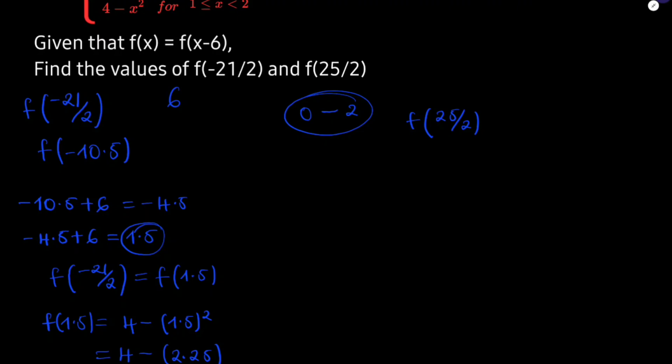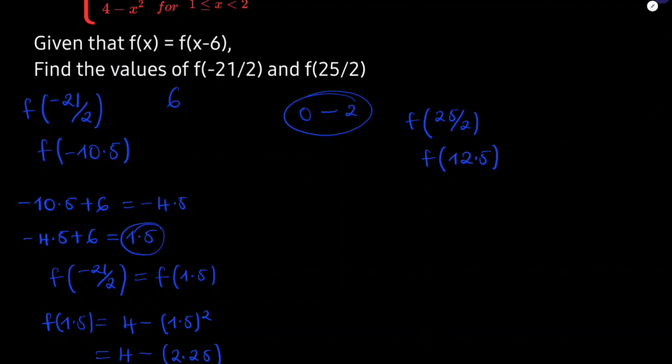25 divided by 2 is the same as f(12.5). Let's look at our range. Our range is from 0 to 2. Is 12.5 in that range? No, it is way greater than 2, so we cannot substitute it directly.